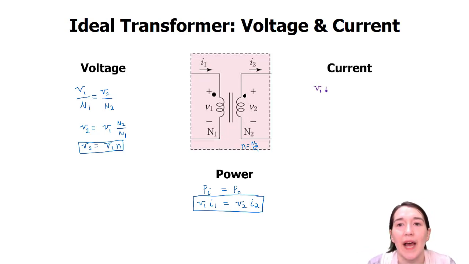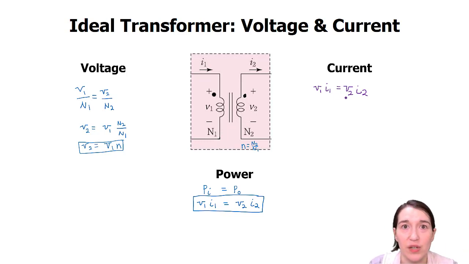If we look at the power balance, V1 I1 equals V2 I2, we can now use the voltage equation we just wrote and put that into our V2 here. Now we can rewrite the first part and replace V2 with V1 N and then multiply it out.